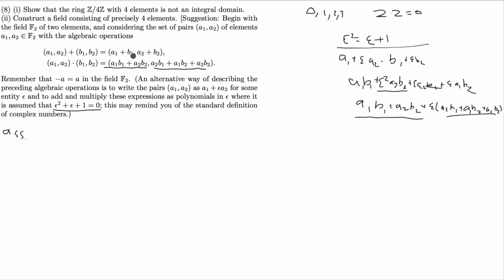So for instance, (A1 plus B1) plus C1 can be written as A1 plus (B1 plus C1), and in doing so, we're just applying the associativity of F2, so that's pretty trivial. And then the commutativity of addition also follows, in the sense that we simply apply the commutativity of addition in the field, in the sense that A1 plus B1 is equal to B1 plus A1 in F2.